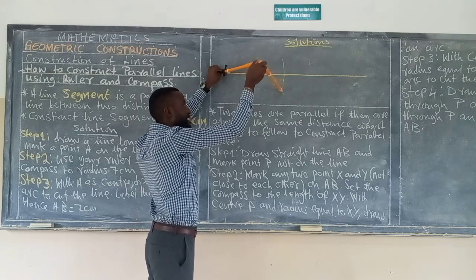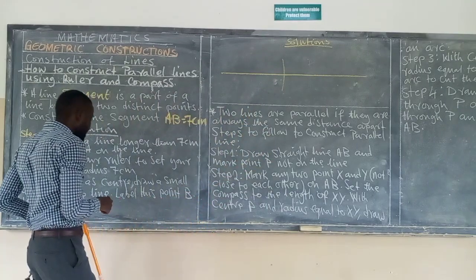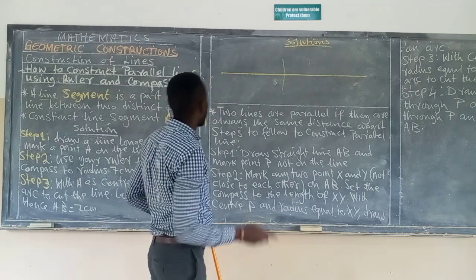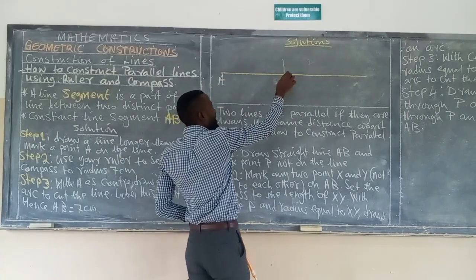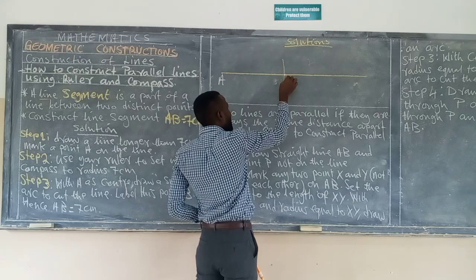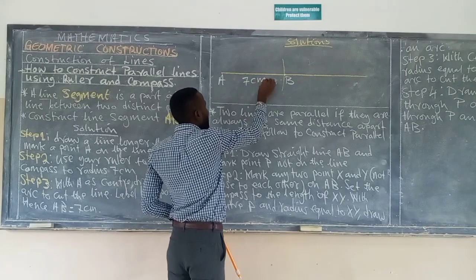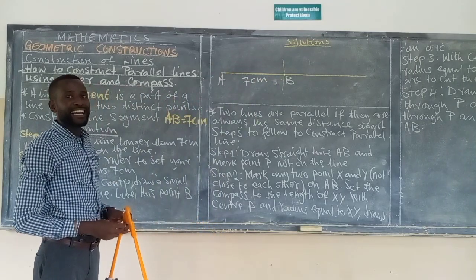You have made this arc. We name this point A. Where you have struck the arc is where the 7 centimeter is, so we put B there. So this line is 7 centimeter. That is the line segment they are talking about.